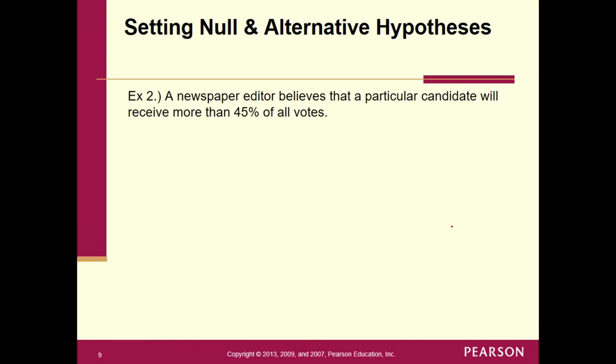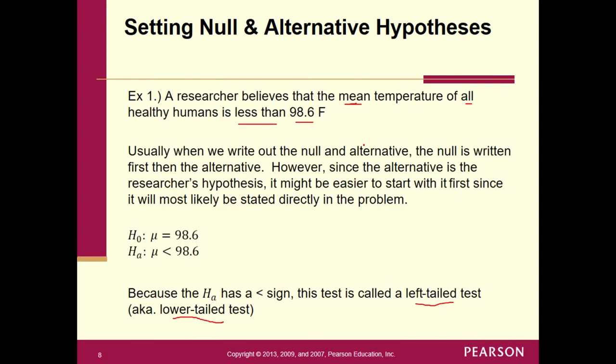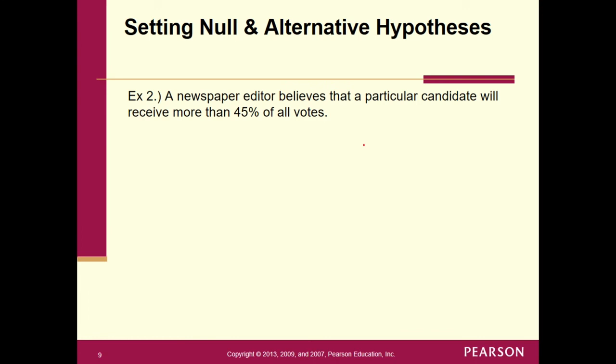Example 2. A newspaper editor believes that a particular candidate will receive more than 45% of the vote. We changed over to a percentage here because the underlying variable is categorical: who is a person going to vote for? In the last one, the temperature of a healthy human was the underlying variable. That's quantitative, plus mean, thus we were looking at means. Here we have proportions.